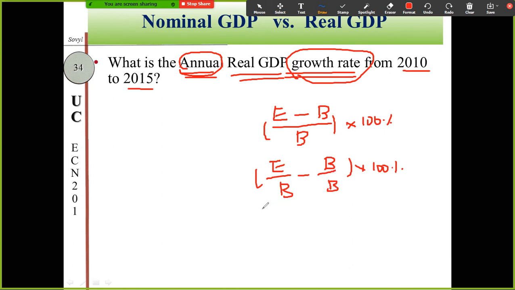Beginning over beginning is 1. It should be ending over beginning minus 1, multiplied by 100%. Okay, so this one tends to be long, this one tends to be shorter. That's why normally we use this one because it's shorter. We don't use this one because it's a bit longer.